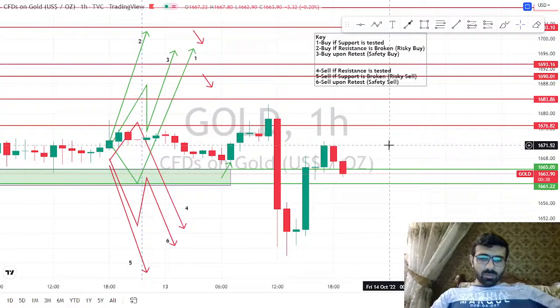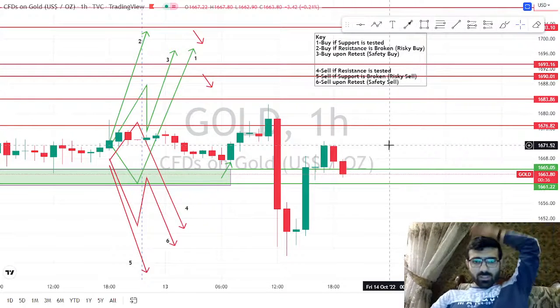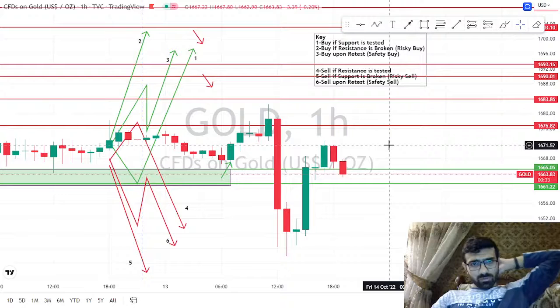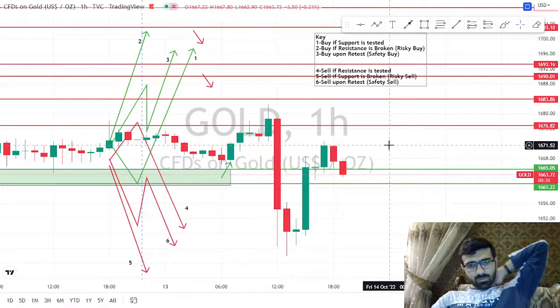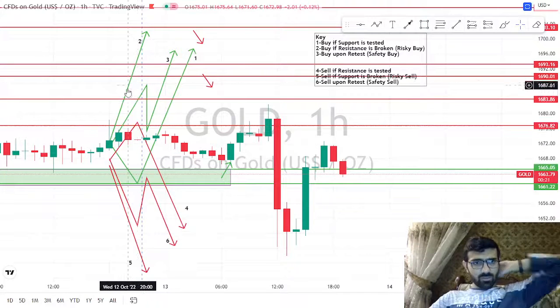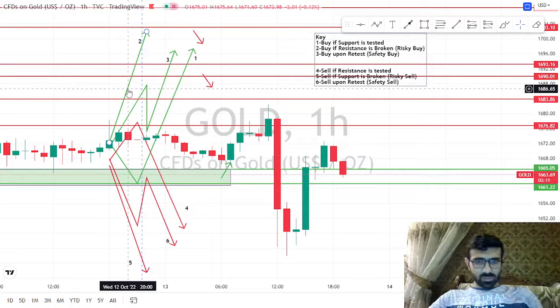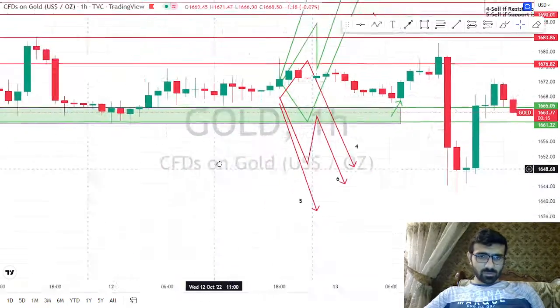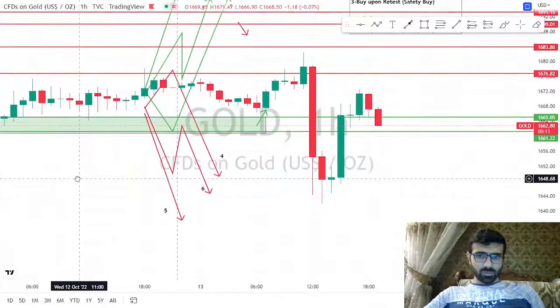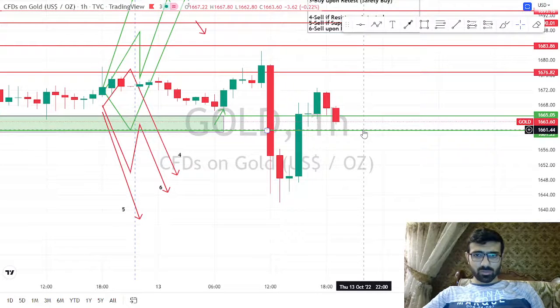Okay, so now, as you can clearly see, a new low has been formed today. So I see some kind of retracement and then market will continue its push downwards. So let me mark fresh scenarios for you guys. That new support area has been formed.